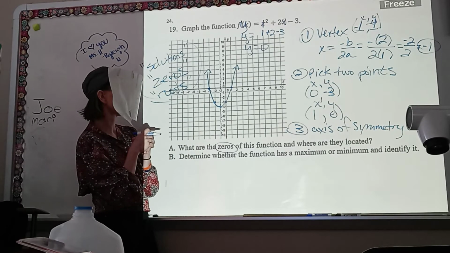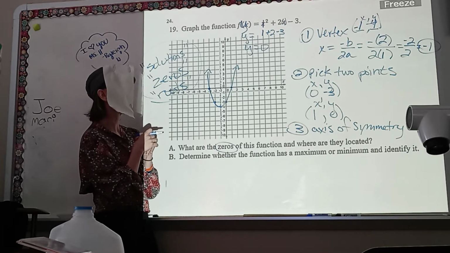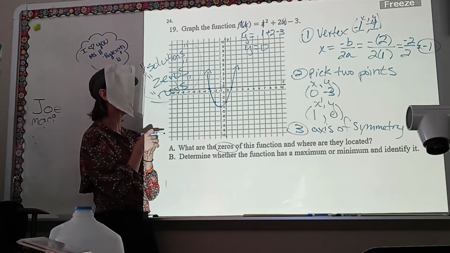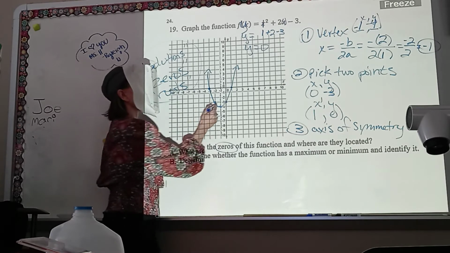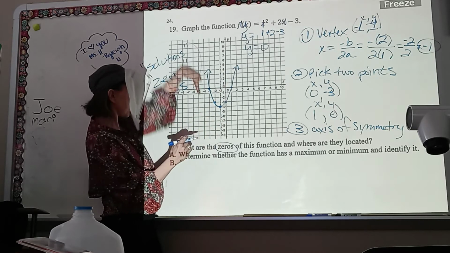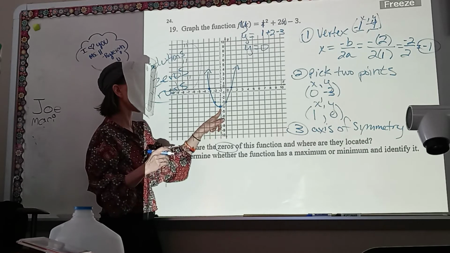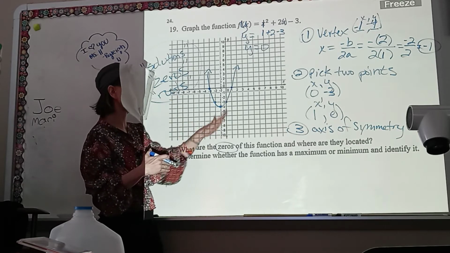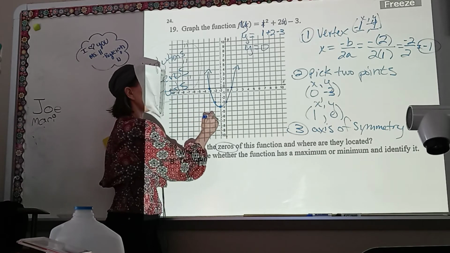Okay, and then it says determine whether the function has a maximum or minimum and identify it. Well, obviously, since this vertex is at the very bottom of the parabola, the exact point where the parabola changes direction, this is a minimum.